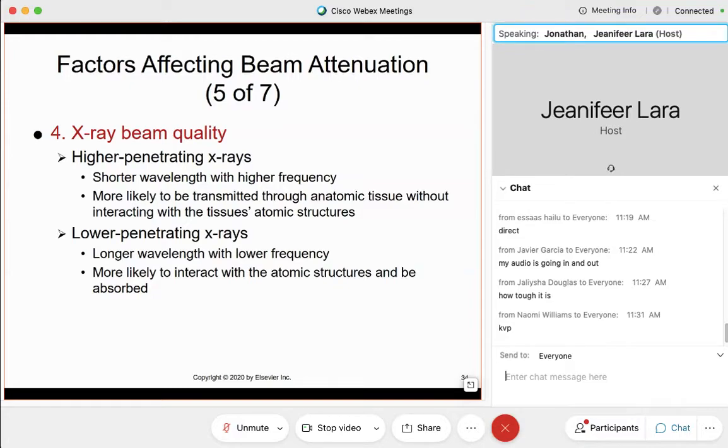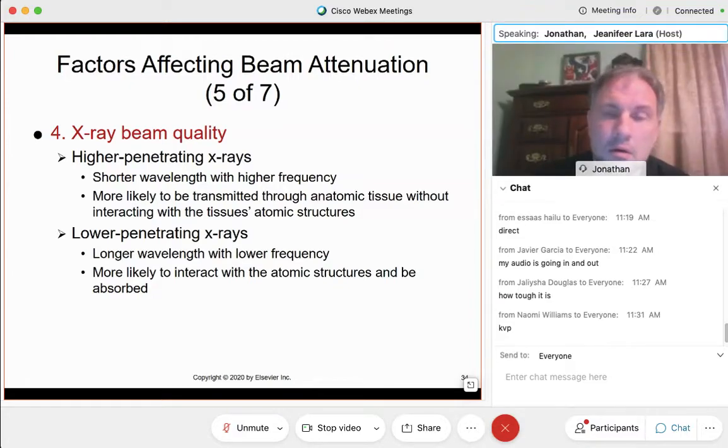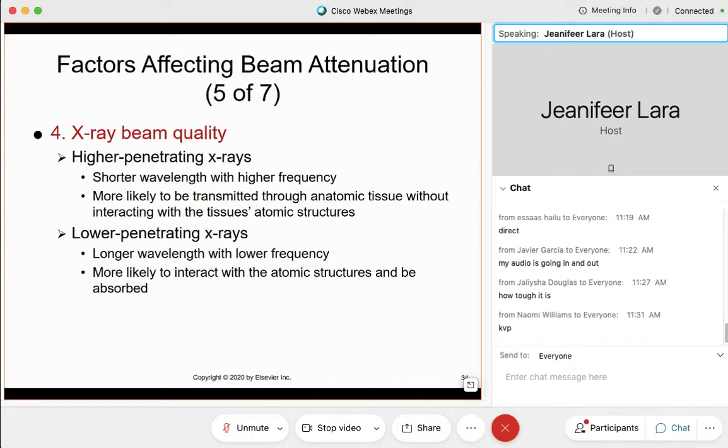What probably happened there was the backup timer for the AEC wasn't set high enough, so there was a premature termination because the energy was too high for what the equipment could do.